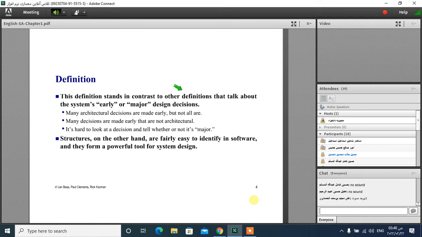We also have other definitions for software architecture. Some of them talk about the system's early decisions or major decisions, especially the design decisions. So they define the architecture as early or major design decisions.